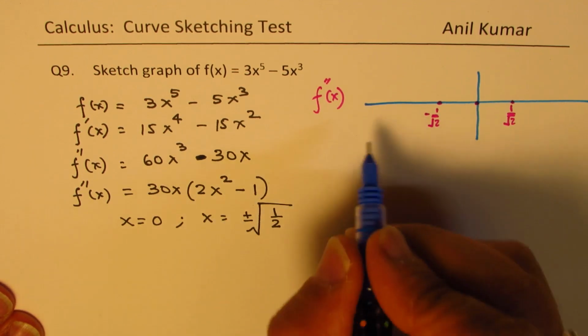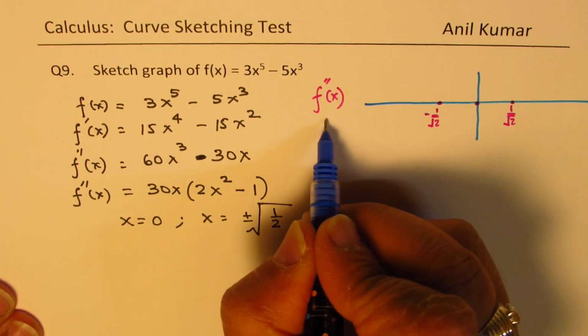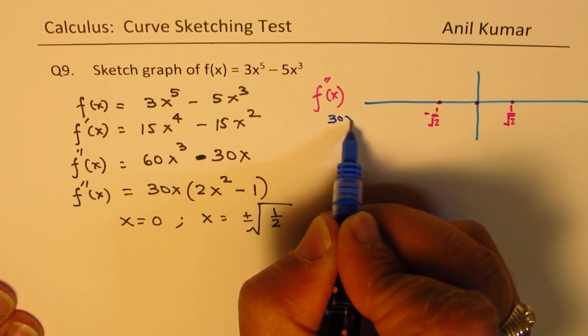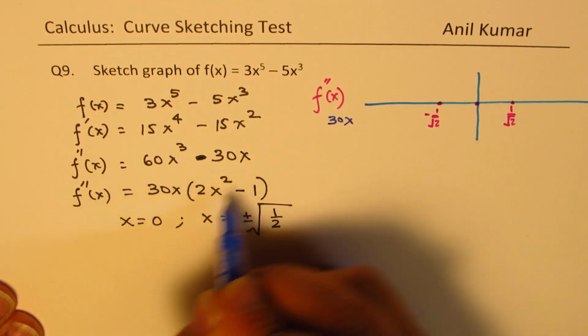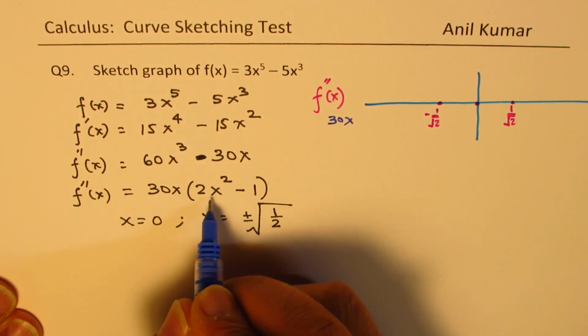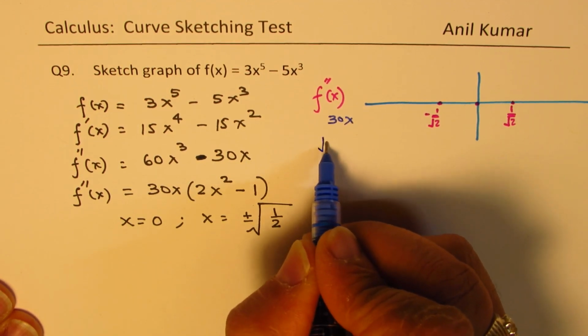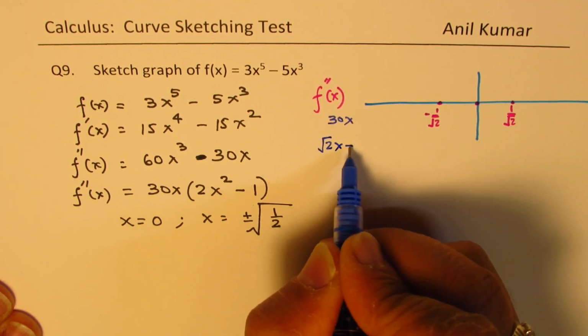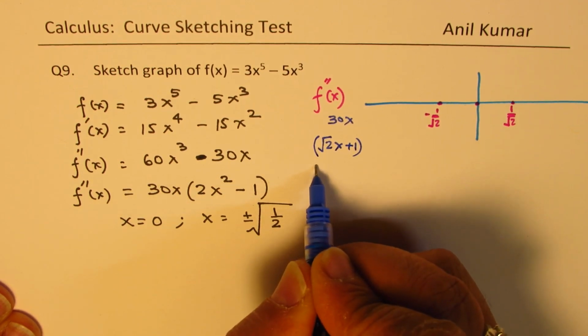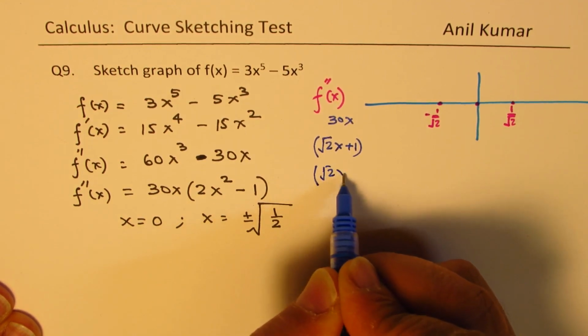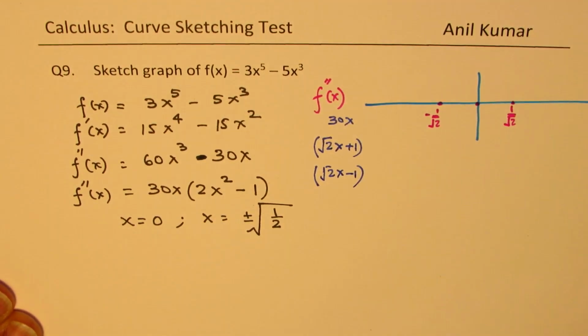So these three factors are 30x, and then we could factor this and write it as square root 2 x plus 1, and we could also write this as square root 2 x minus 1, right? So those are the other two factors.